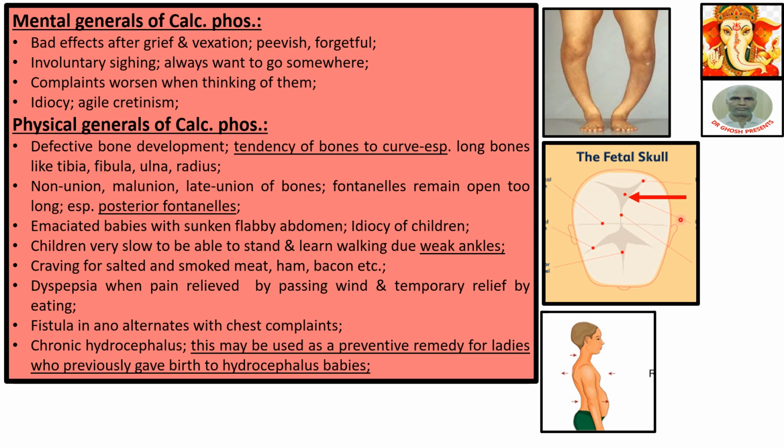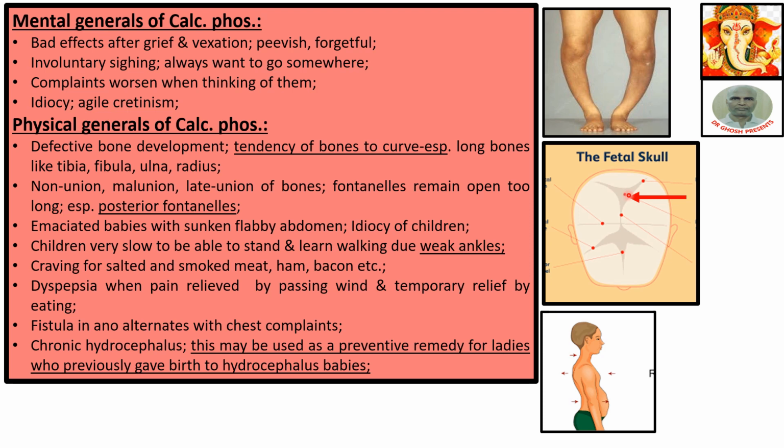Now look at this picture. This is a skull picture of a newborn baby. There are two points called anterior fontanelle and posterior fontanelle, where the skull bones meet, and that particular portion remains without any bone.